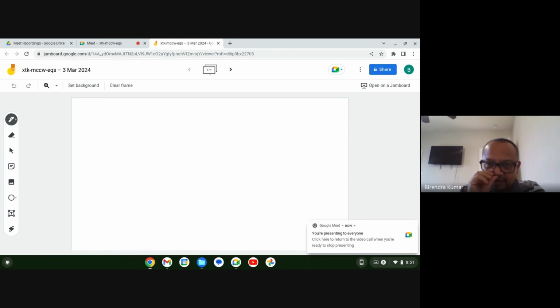So we learned all different types of shapes, triangles, quadrilaterals, squares, whatnot. And we also learned what is the basic concept of area and perimeter. What do we really mean by area and perimeter? You guys are clear, right?